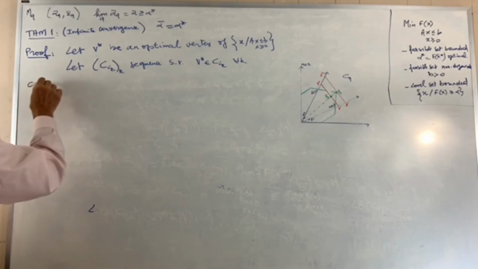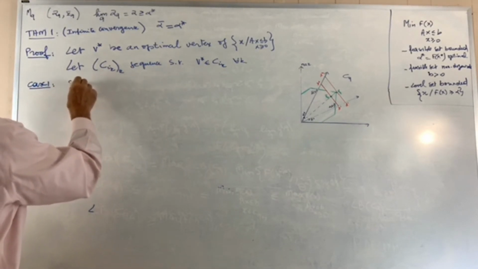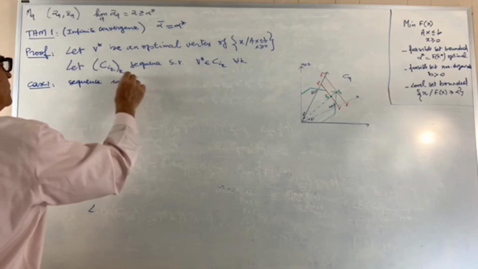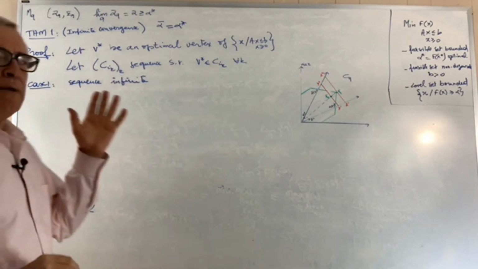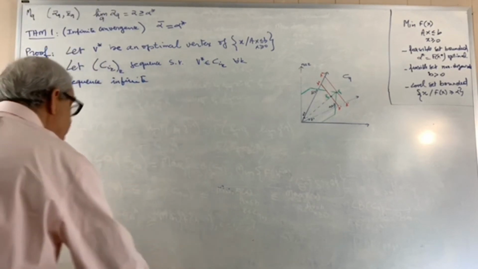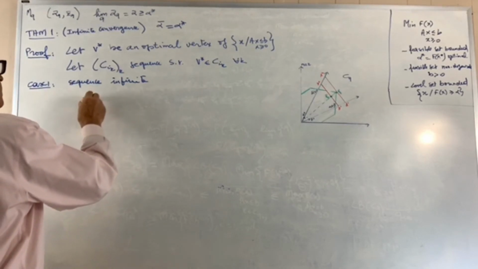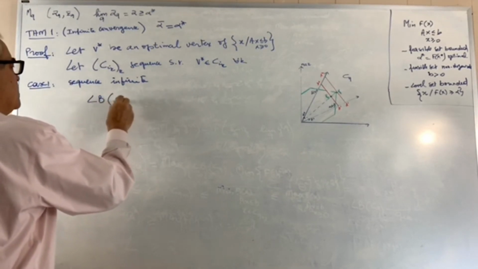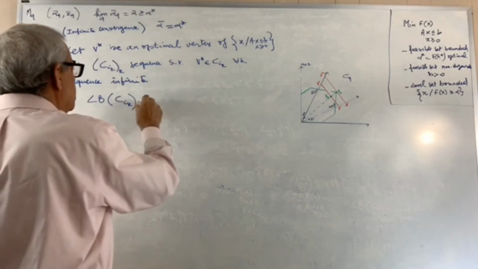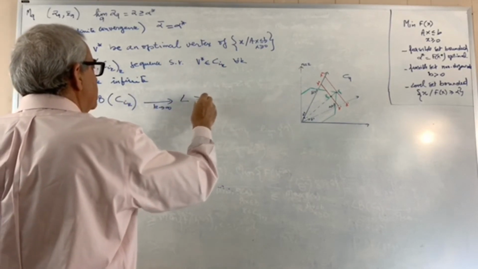There are 3 cases. Case 1: this sequence is infinite, just like we did in lemma 2. Therefore the lower bound of C_{i_k} converges, for k to infinity, to some number L greater or equal to alpha bar.